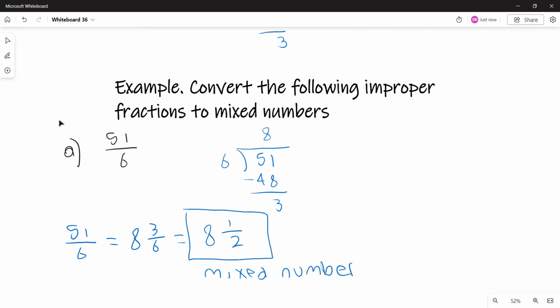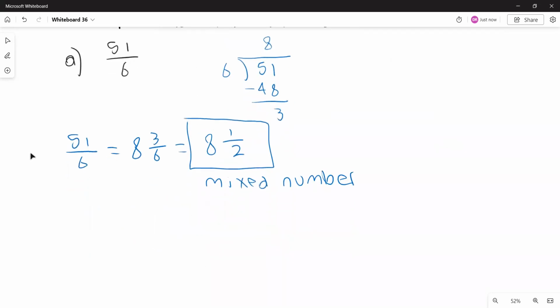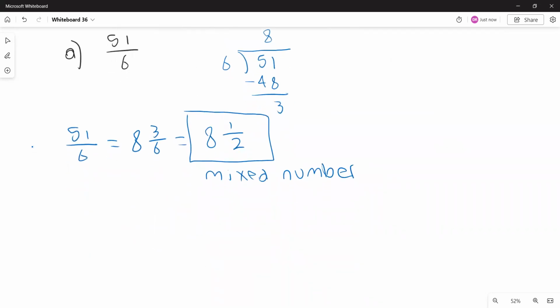And B, convert the improper fraction 144/11 to a mixed number. So let's do the division. So 11 times 1 is 11.